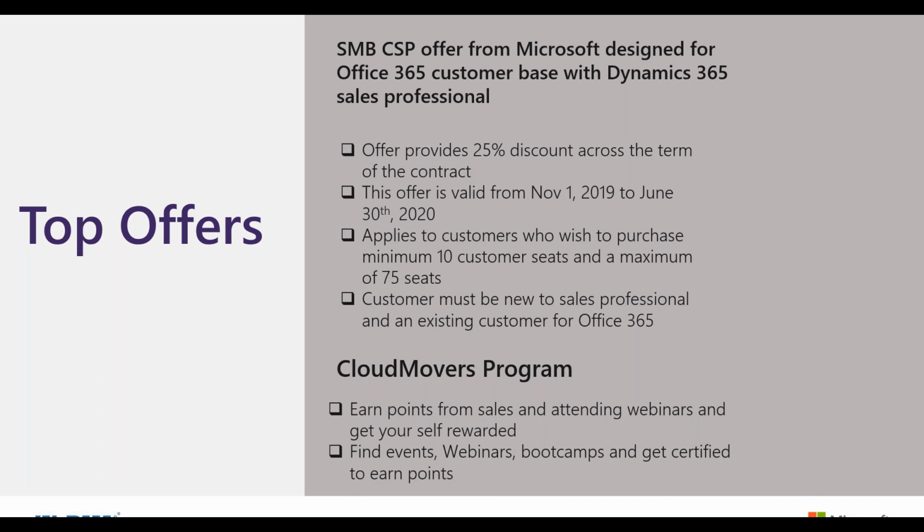It is valid from 1st of November to June 30, 2020, and applies to customers who wish to purchase a minimum of 10 user licenses to a maximum of 75. So it's more skewed towards the SMB market, and the customer must be new to Sales Professional and should have existing Office 365 licenses.